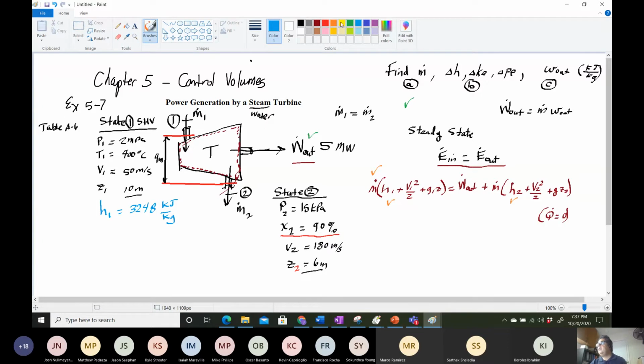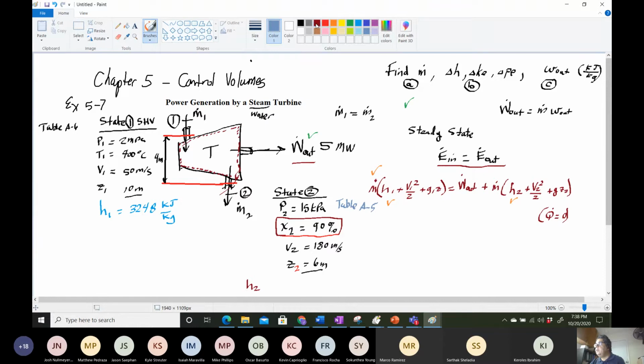H2 is not as straightforward. H2 is a little bit more drawn out. So we need to find H2. We know that this is a saturated mixture, so we have to look up a table. We're given pressure, so we use the saturated water or saturated steam table, the pressure one, which is A5. We have to calculate H2.